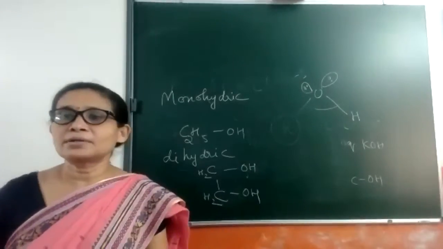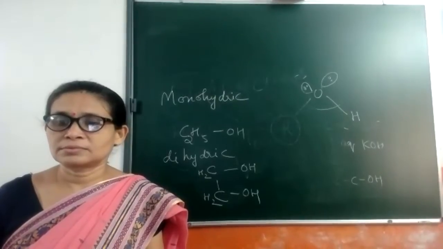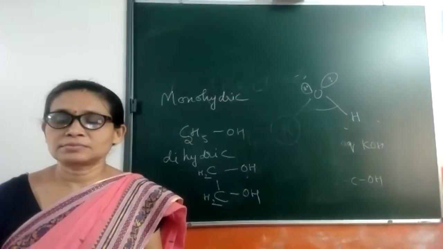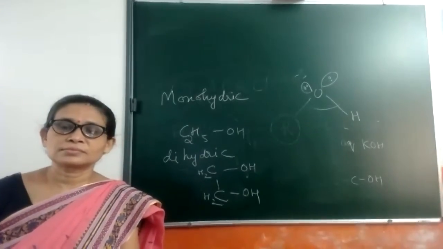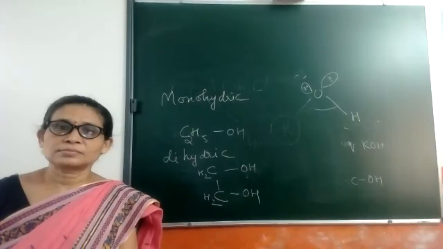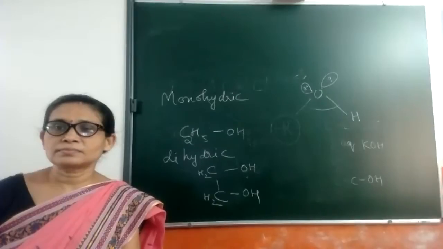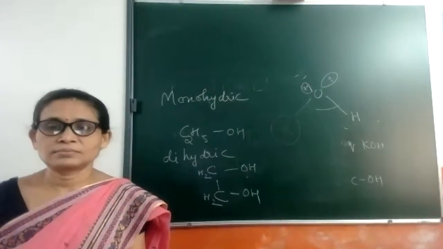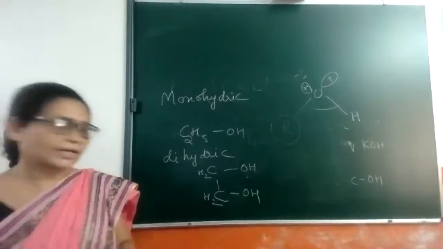What is the IUPAC name? Send the IUPAC name. Ethane 1,2 diol. Yes, it is correct.